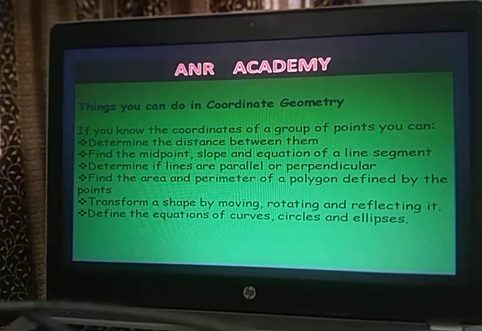With the help of that, you can identify the area or the perimeter of the polygon. Clear? Also to transform a shape by moving, rotating and reflecting it, to define the equations of curves, circles and ellipses, all these things in our later years you learn with the help of coordinate geometry.